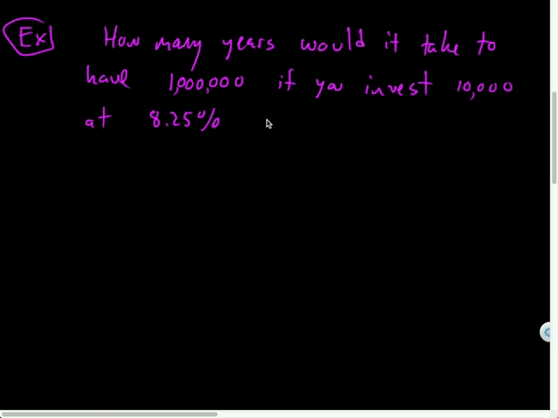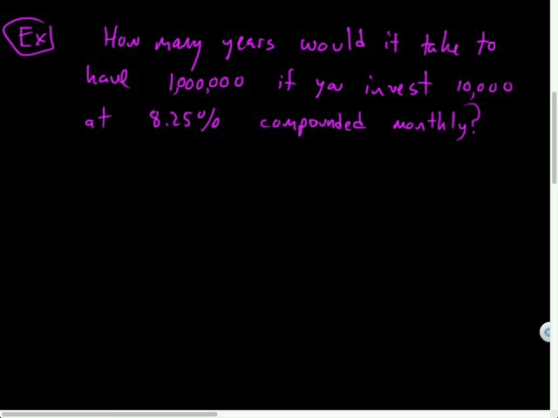And how should it be compounded? Let's do monthly or something like that. Monthly. So my question is, how many years? I'm looking for how long it will take for my account to have $1 million in it.